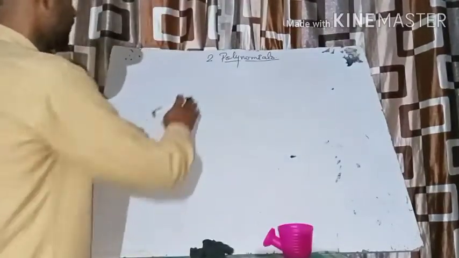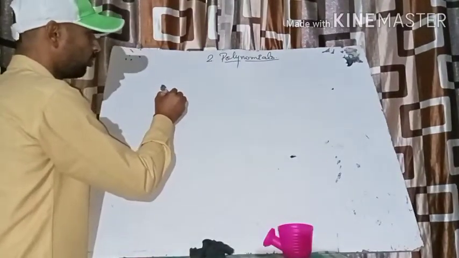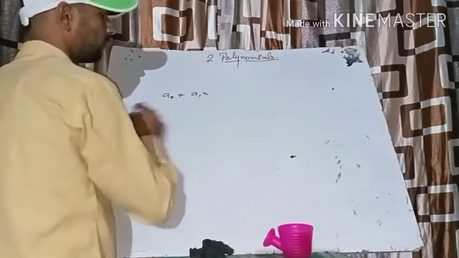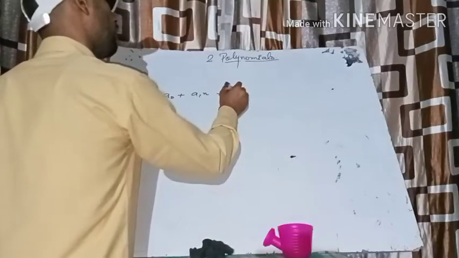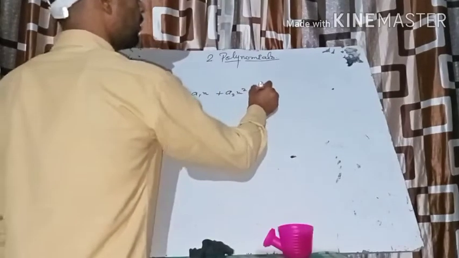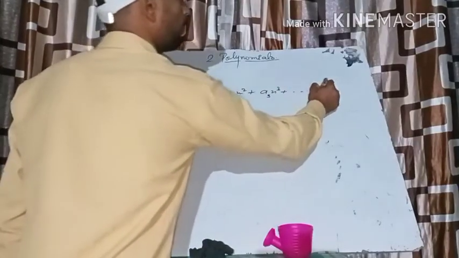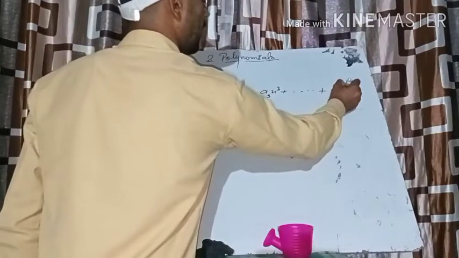Suppose we have a0 plus a1x plus a2x square plus a3x cube plus dash dash dash plus an xn.